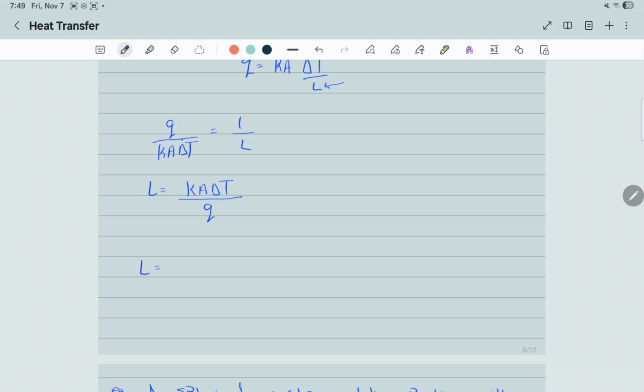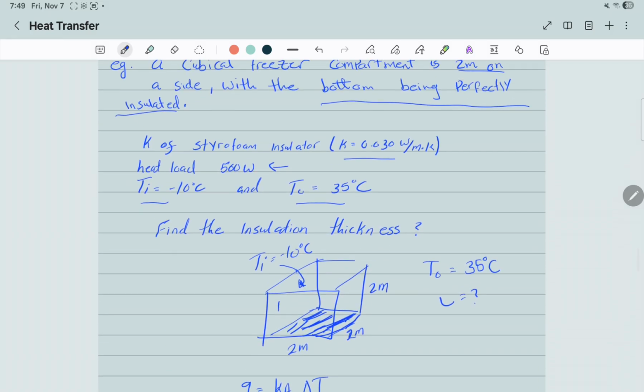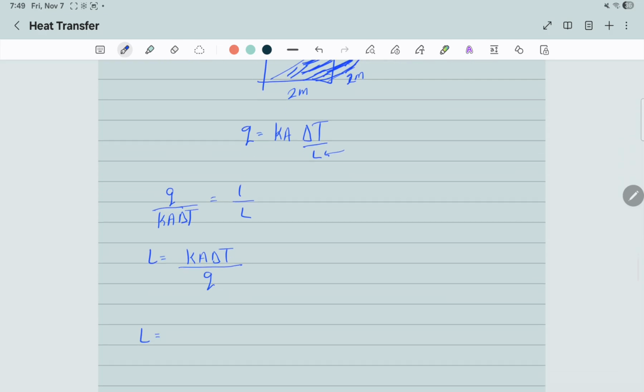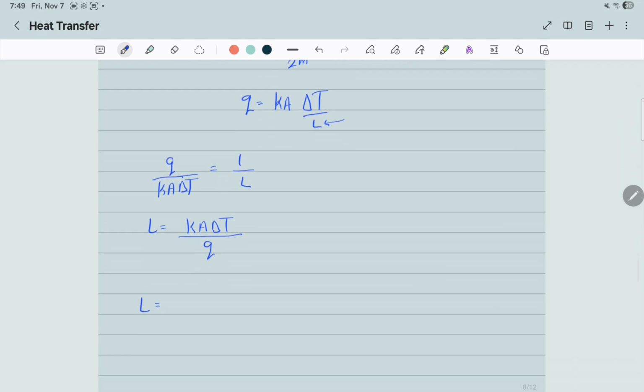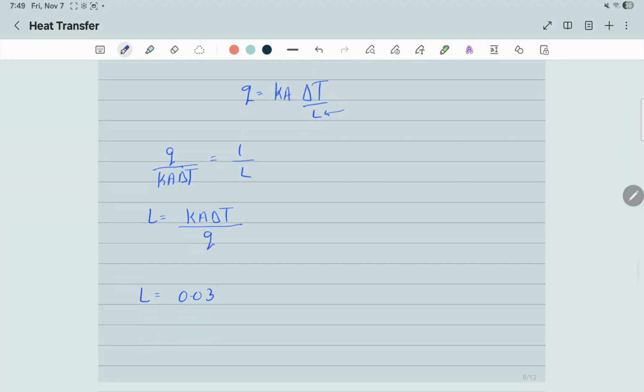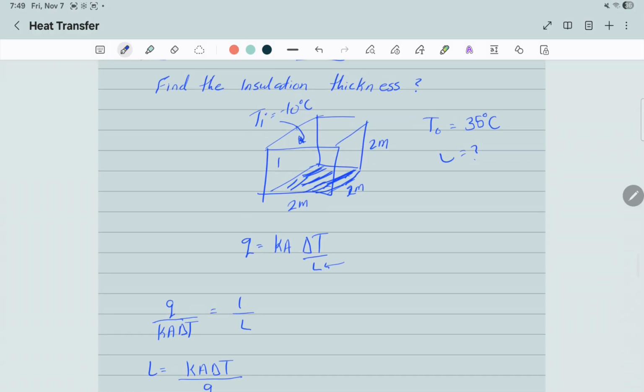L equals your k, temperatures, k is 0.03 watt per meter Kelvin, times the area. The area of the walls that heat is transferring through are 5 walls.